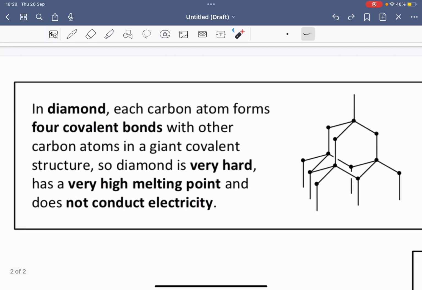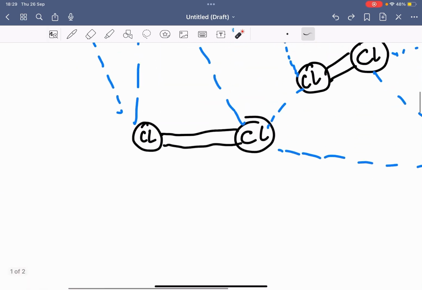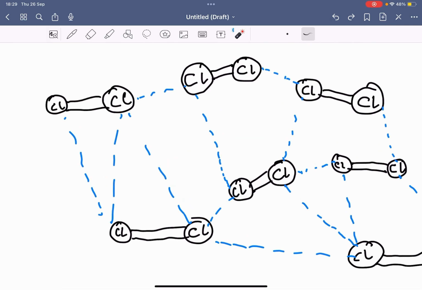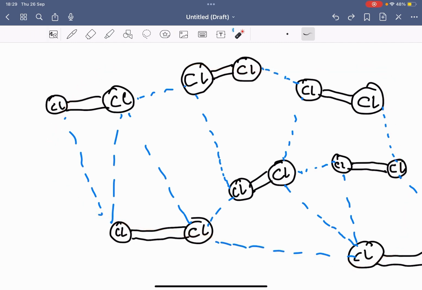Now, the reason why diamond has a high melting point is that in diamond you have to break the covalent bonds because there's no intermolecular forces. Now, if you go back to chlorine, for example, this is a liquid, and you're trying to turn it into a gas. To separate these molecules, you wouldn't need to break covalent bonds.